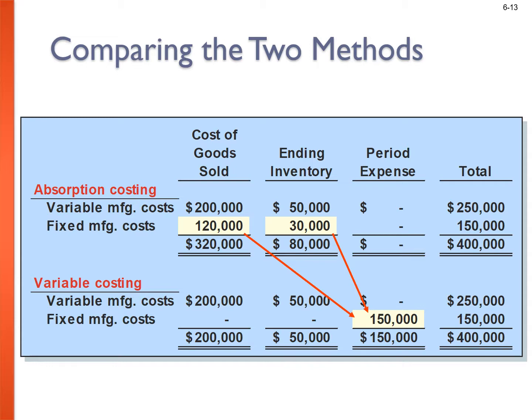So the fixed manufacturing overhead that is included as a unit cost, $120,000, is being expensed because the items were sold. The other $30,000 is sitting as an asset. It is all expensed under the variable costing method, because fixed manufacturing overhead is not included in the product cost. It's expensed as a period expense. So you can see how they differ right there.